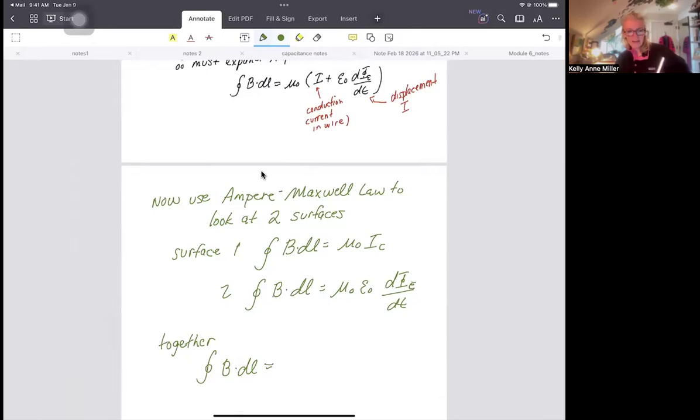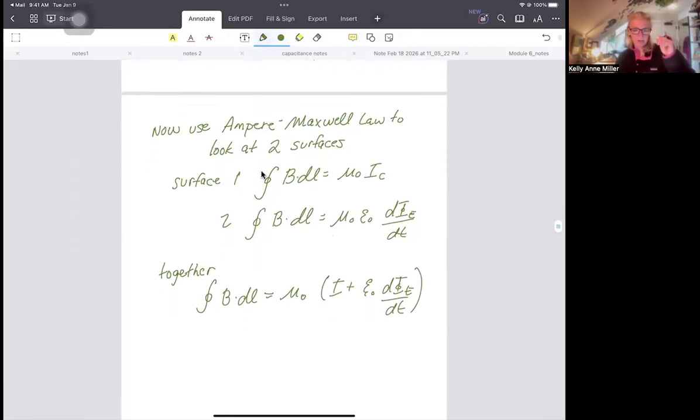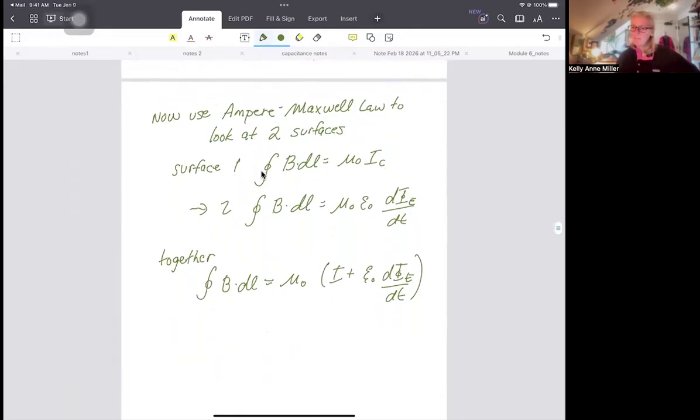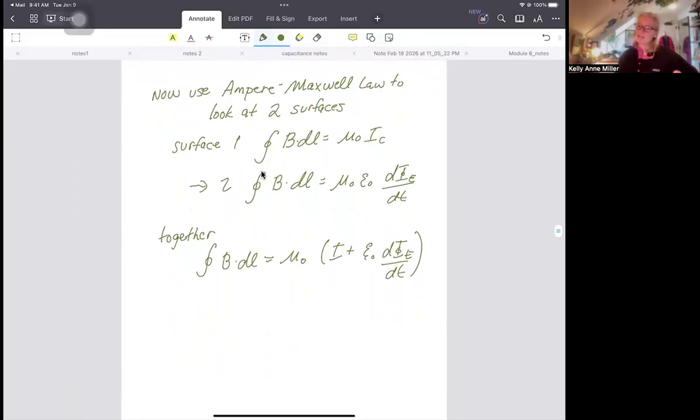Together they're giving you the change in flux over the change in time. So there's no longer a discontinuity, as there was when this one was giving you a zero current. So now let's calculate it.